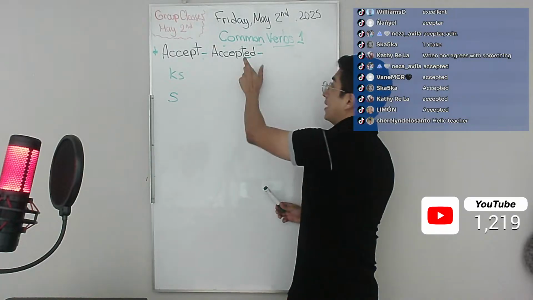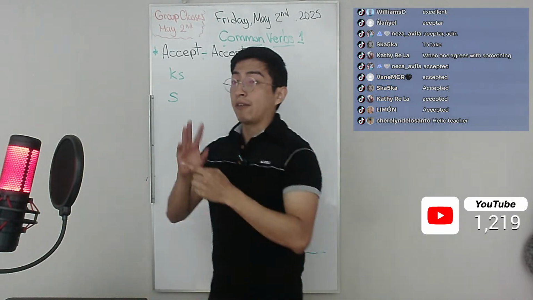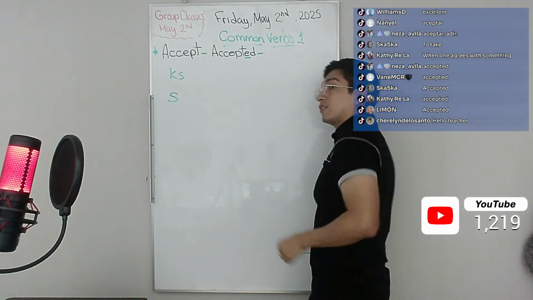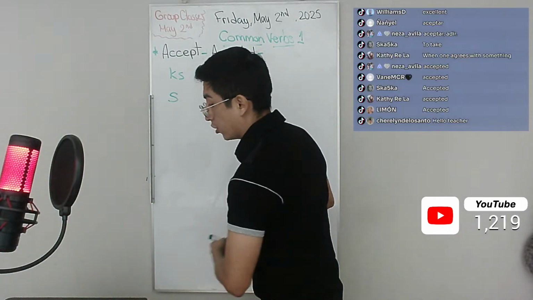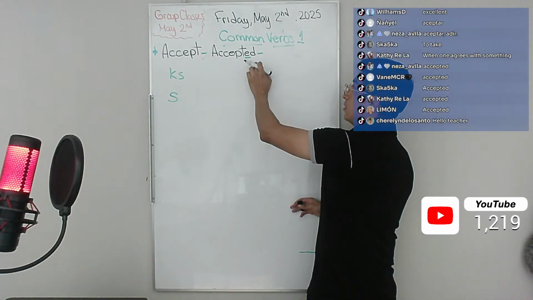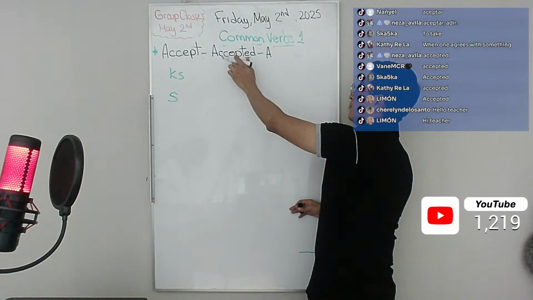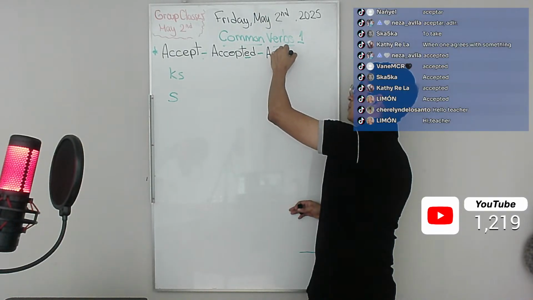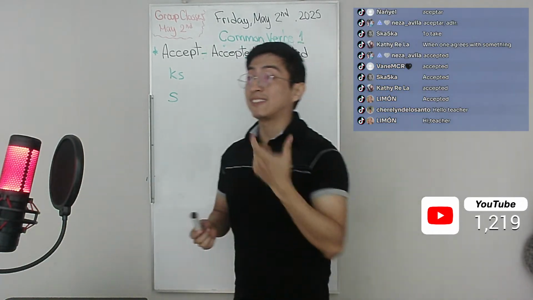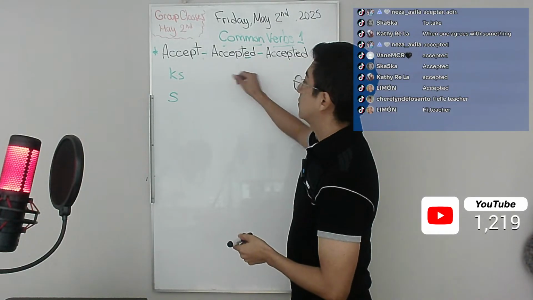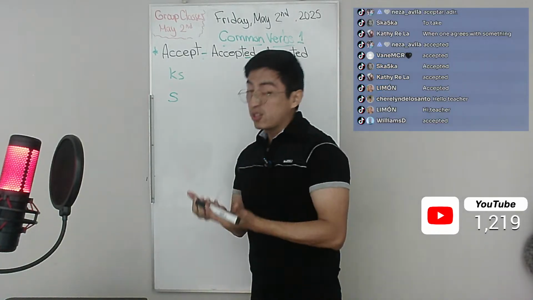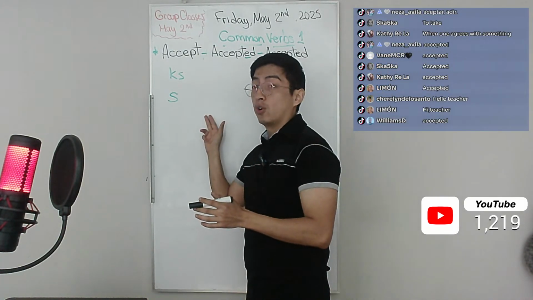Now we have the base form, the simple past, and what is the past participle of this verb? In this case, it's the same. Every time we have a regular verb, we have the simple past form and the past participle form with the same spelling. So we have accept, accepted, accepted. These are the three conjugations, let's say, of this word.